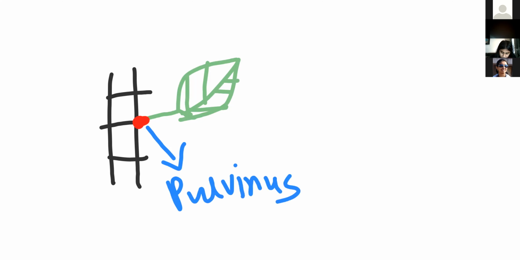The peculiar feature is the swollen structure, and that swollen structure we call pulvinus. In legumes, leaf base becomes swollen and that structure we call pulvinus. That's to remember for legumes.